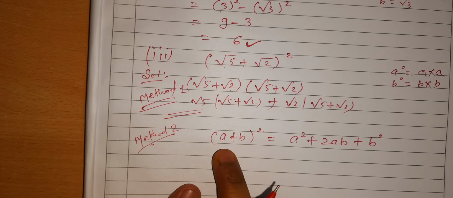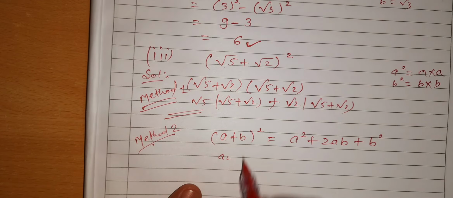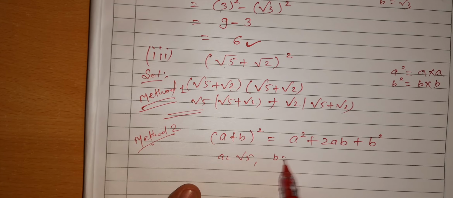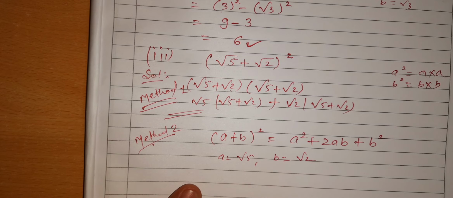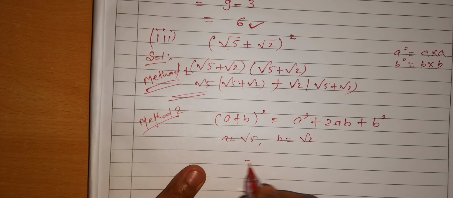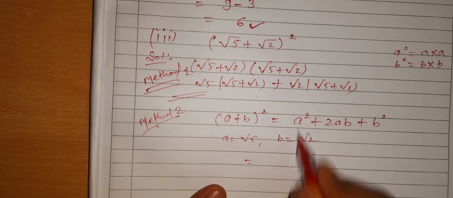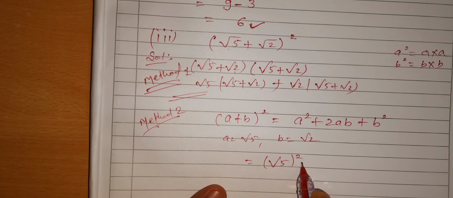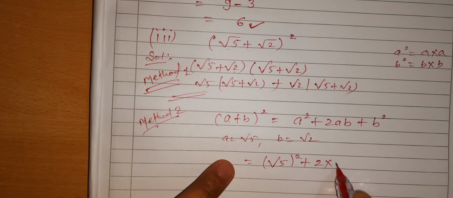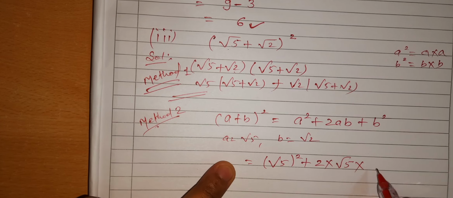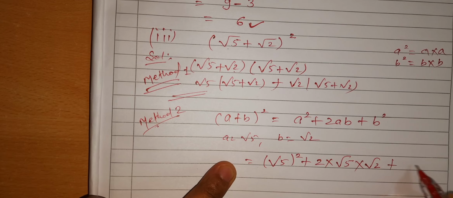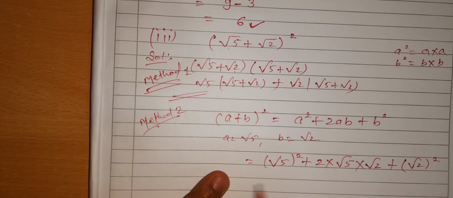So here a is equal to root 5, and in place of b we have root 2. So what will be the answer? A square means root 5 square plus 2a, a means root 5, multiplied by b means root 2, plus b square means root 2 square.